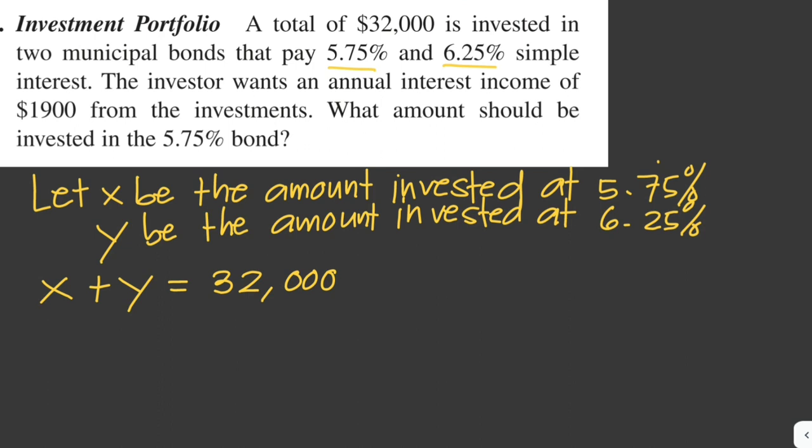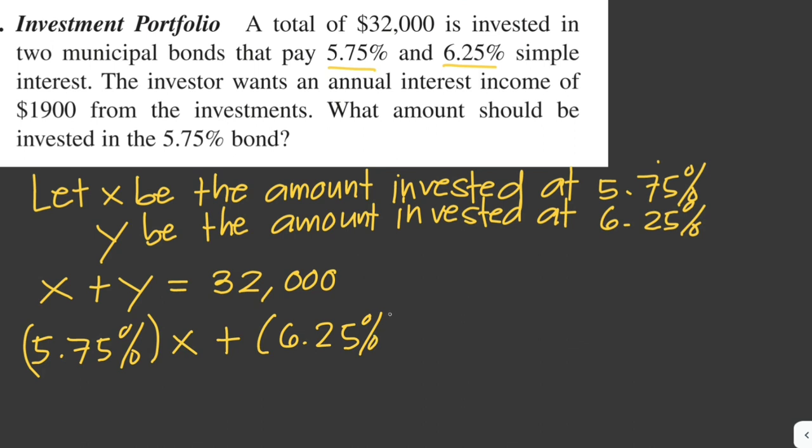And then the next one, the investor wants an annual interest income of $1,900 from the investments. So we can set up another equation that would be 5.75% interest times x, the amount invested at 5.75%, plus 6.25% y equals 1,900.